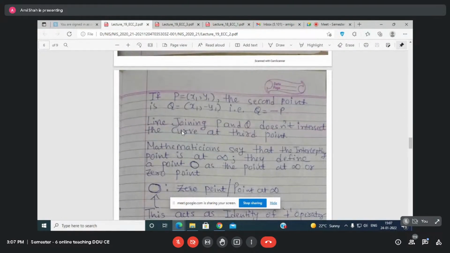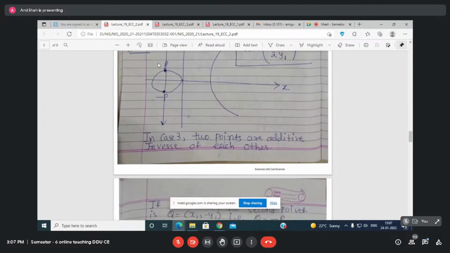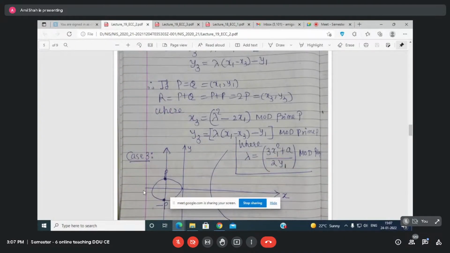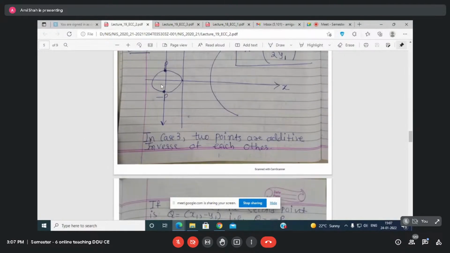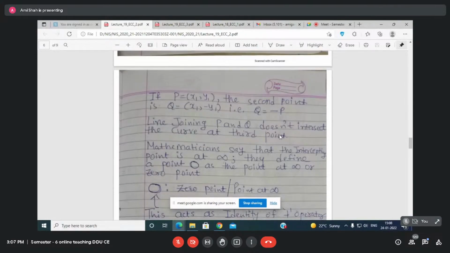So here I can say that the line joining P and Q doesn't intersect this curve, right? Earlier, whatever line was joining the points intersected the curve. But here the line joining these is not intersecting the curve at a third point. In the previous two cases, you found it intersecting the curve at some point, but here it is not.